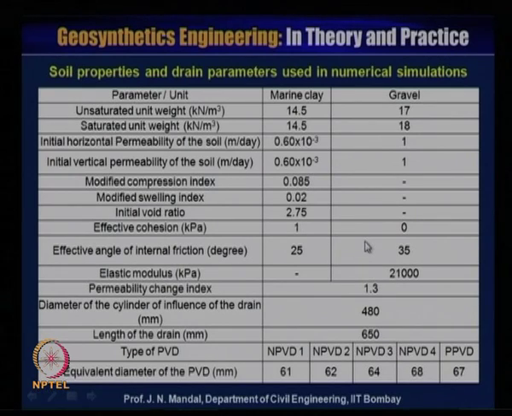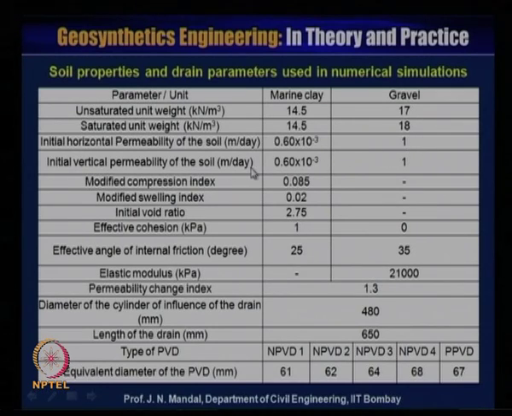So, from this, the soil property and the drain parameters used in this numerical simulation. These are the parameters used for the marine clay and for the gravel. Unsaturated unit weight in kilonewton per meter cube: for marine clay 14.5, gravel 17; saturated unit weight for marine clay 14.5, and for gravel 18. Initial horizontal permeability of the soil in meter per day is 0.60 into 10 to the power minus 3, and for gravel it is 1.